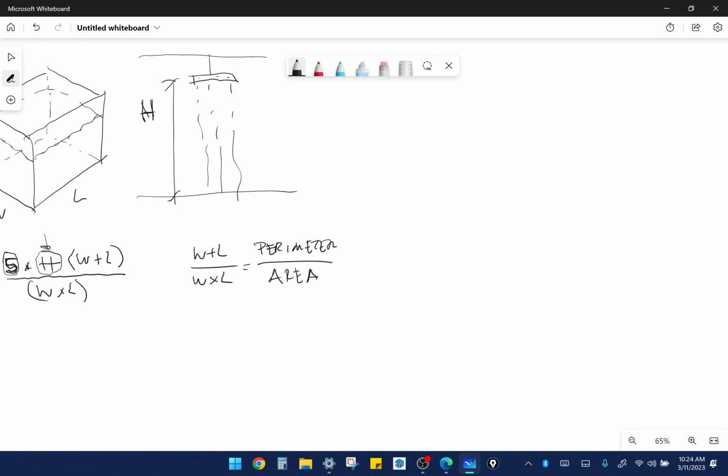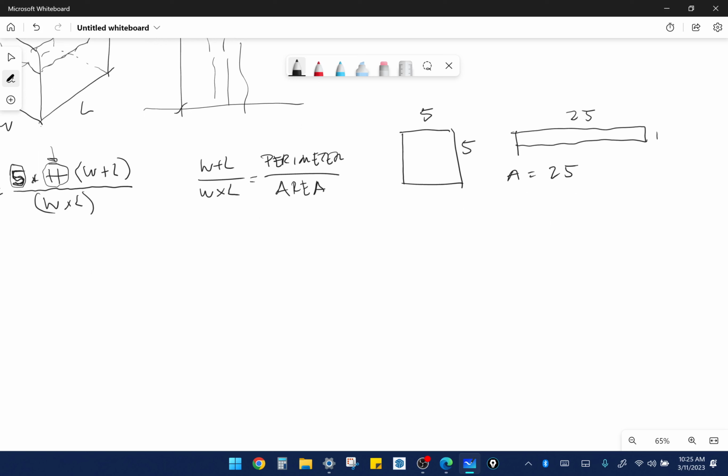So let's dive into that for a second. Let's say we had a space that's 5 by 5 units. So we're looking in plan now. And then we had another space that's 1 by 25. These have the same area. Area equals 25, right? But the perimeter in terms of our equation is 5 plus 5 divided by 25.